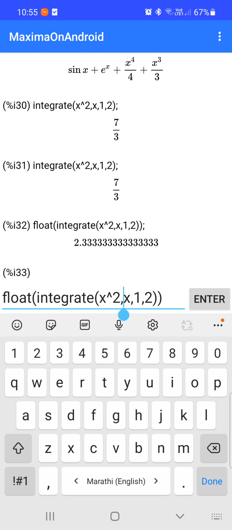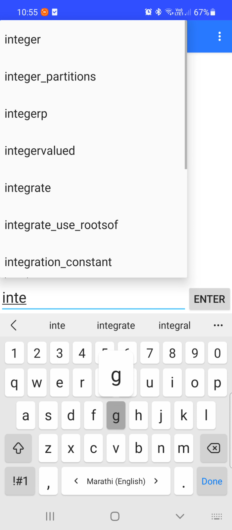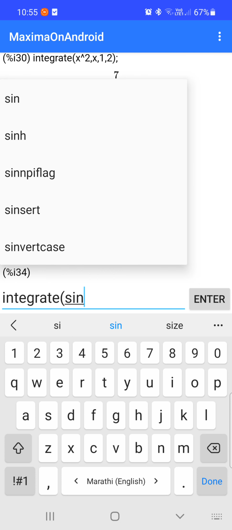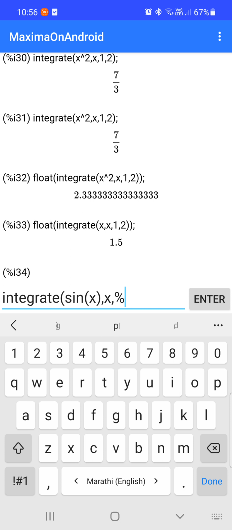Next, suppose you want to evaluate the integration of x from 1 to 2, it is 3 by 2. Next, if we want to integrate sin x from 0 to pi by 2, we know that the integration of sin x is minus cos x, and if we integrate it from 0 to pi by 2, so to enter pi by 2, I think we have to use pi by 2.